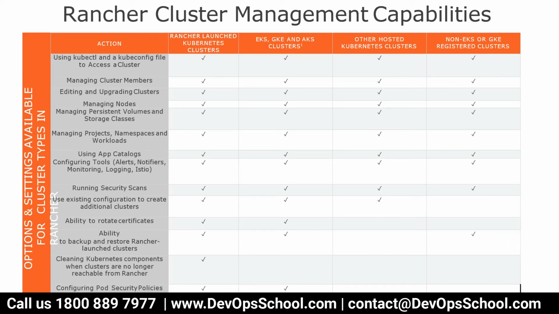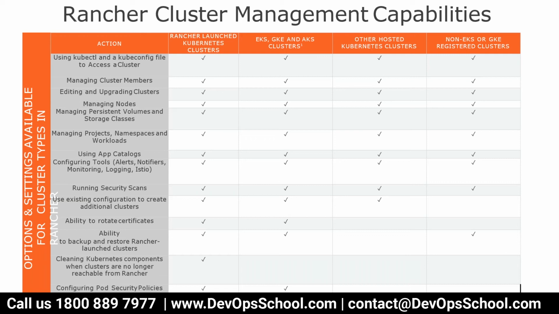So here in this table are the options for settings available for cluster type in Rancher. You can use kubectl or a kubeconfig file to access the cluster, that functionality is available in Rancher. Managing cluster members, you can do that in Rancher. Editing and upgrading clusters in Rancher, you can do that. Managing nodes, you can do that. PVs and PVCs and SCs, storage classes and all, managing, you can do that.